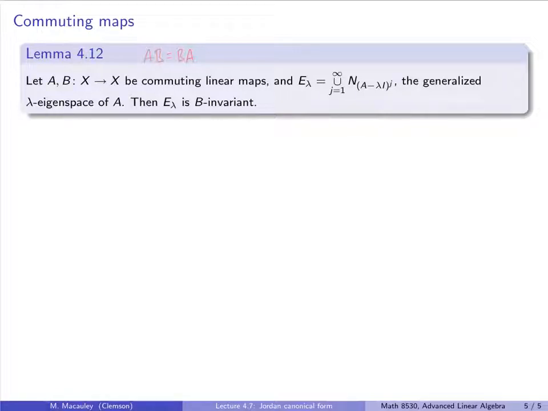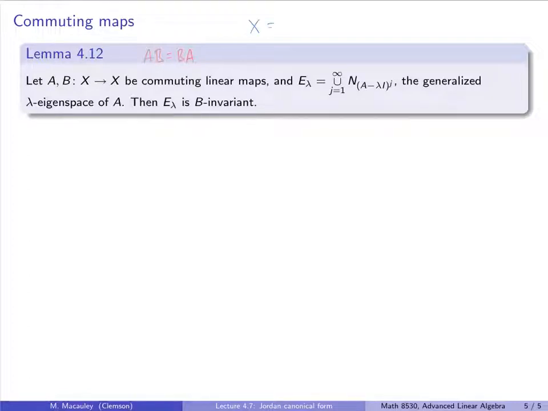If we take an eigenvalue lambda of A, and let E lambda be the generalized eigenspace of A for that eigenvalue, in other words, the union of the null spaces of all powers of A minus lambda I, then I claim that E lambda is also B invariant. We know it's A invariant, but I claim that it's B invariant as well.